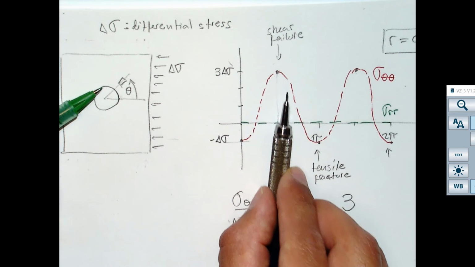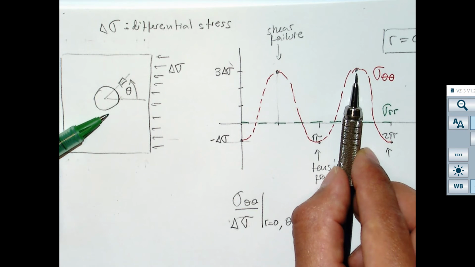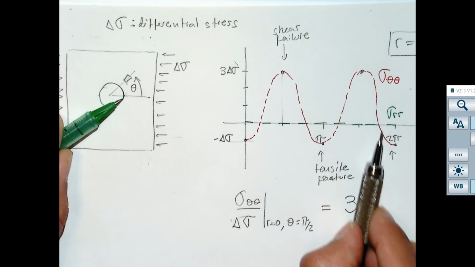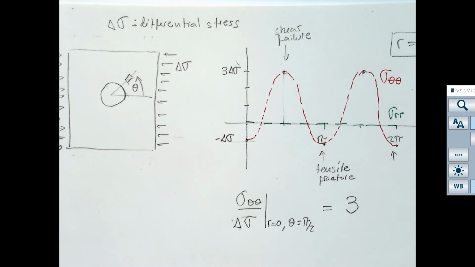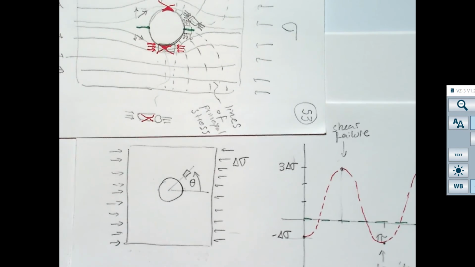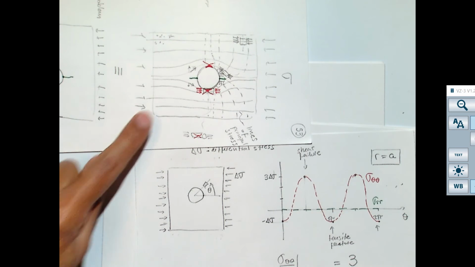And then as you move here, you arrive at the same point as the one that is 180 degrees apart, and then you come back to the same position at which you started off. And this is exactly the same as what we were discussing when we did this example, but now with a little bit more detail.